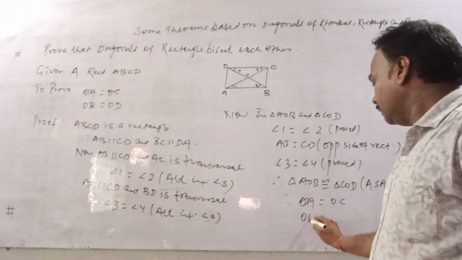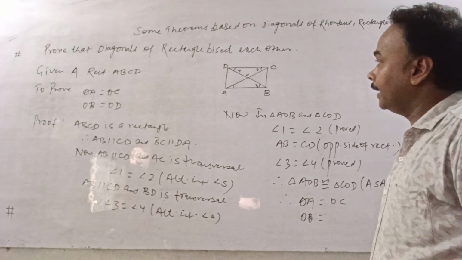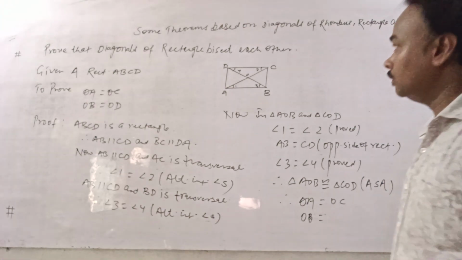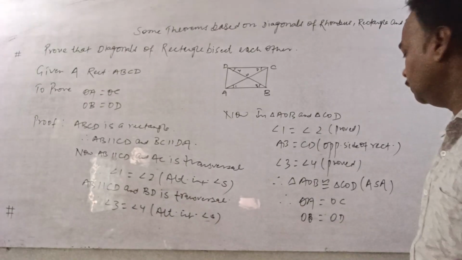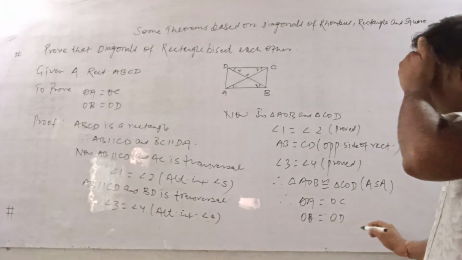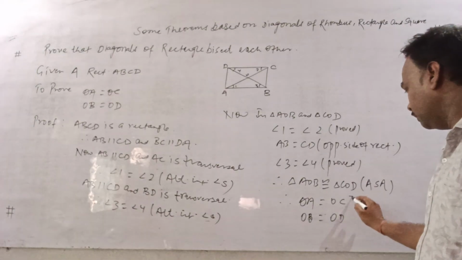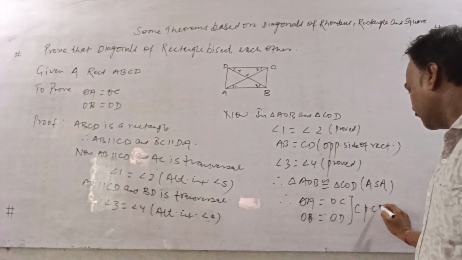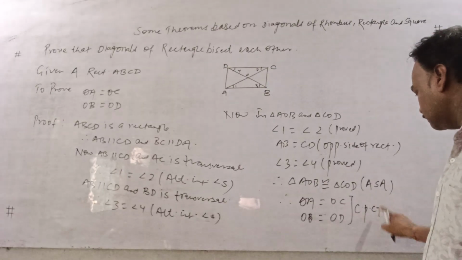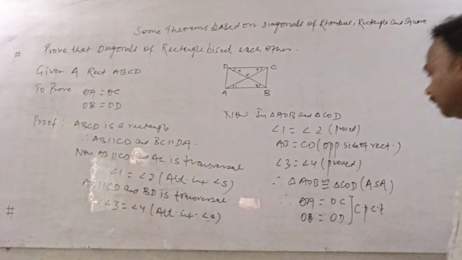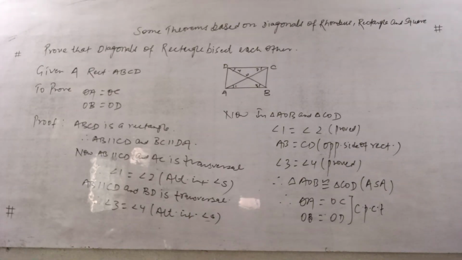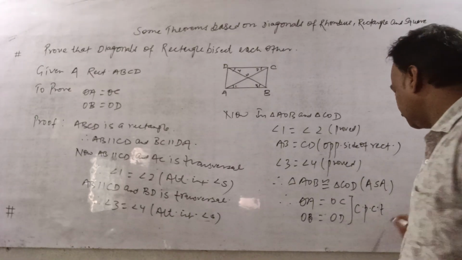And similarly, side OB of triangle AOB will be equal to side OD of triangle COD, because these are corresponding parts of congruent triangles. OA is equal to OC and OB is equal to OD. This we have to prove.